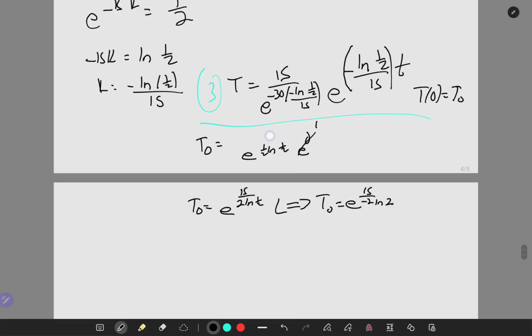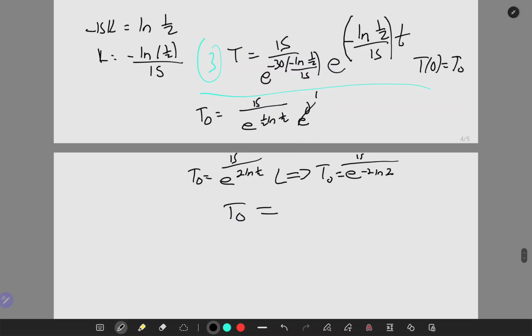So it's 15 over that whole thing. I thought it was e to the 15 over. Yeah, it's 15 over e to the 2 ln of 1/2. Oh, geez. So that is then equal to, I was right. I did not have a sign error. e to the negative 2 natural log of 2, which is 60. Yeah, that's the right answer. 60 degrees.